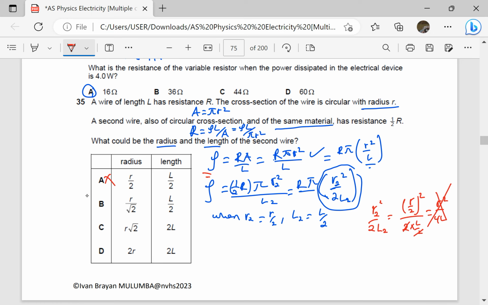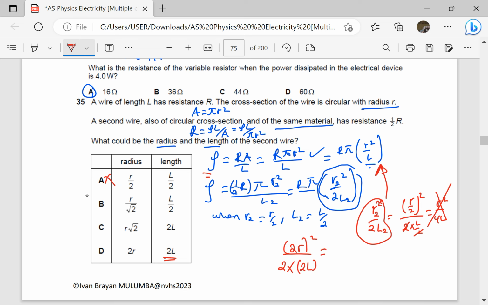I'm going to just put the values, the pairs given, into that expression there to see if it takes me back to that. So R2 is going to be twice R divided by L2. Remember this is squared, so this is twice R squared, and in the denominator we have 2L, so it is 2 into 2L.